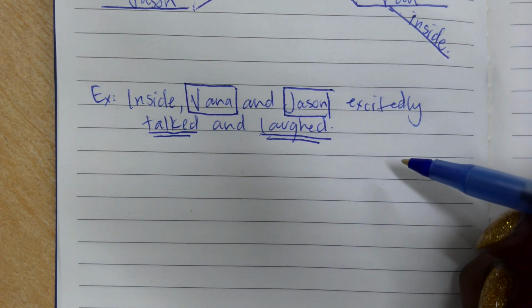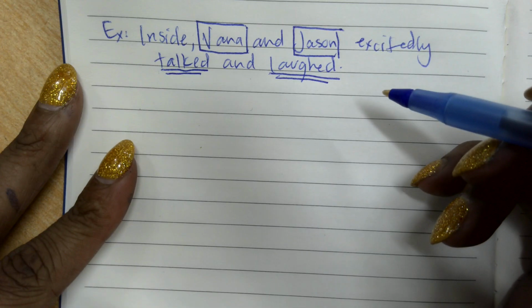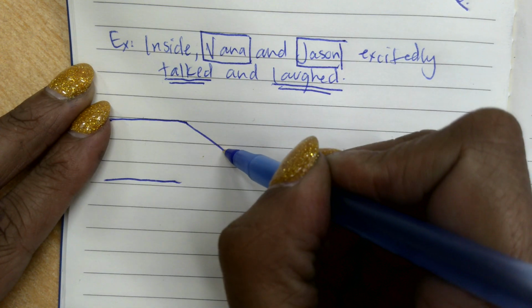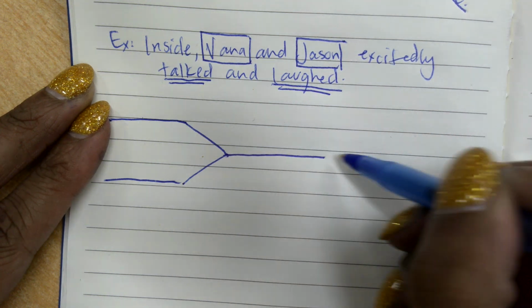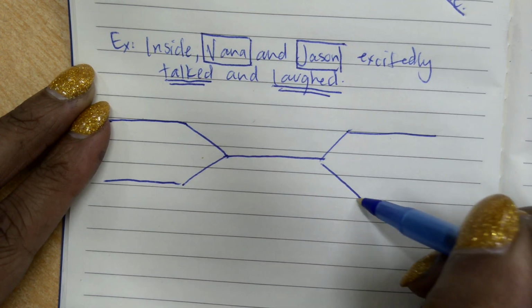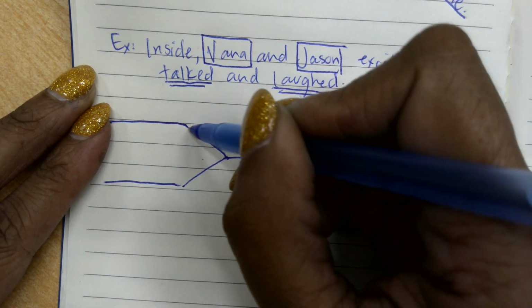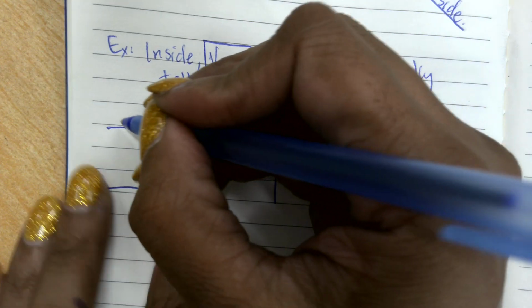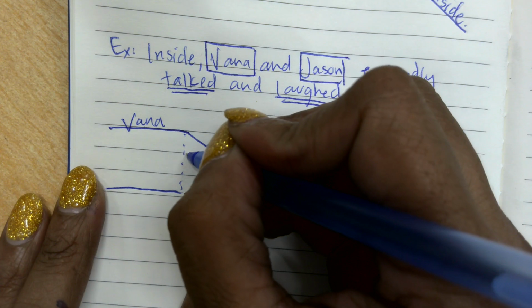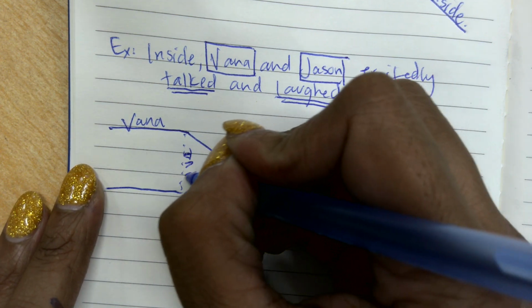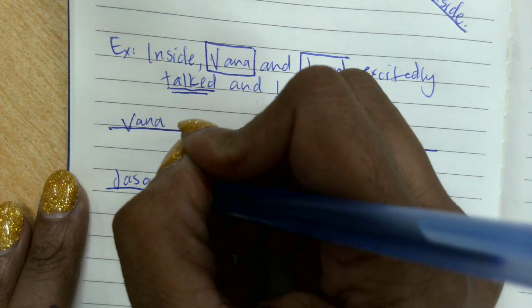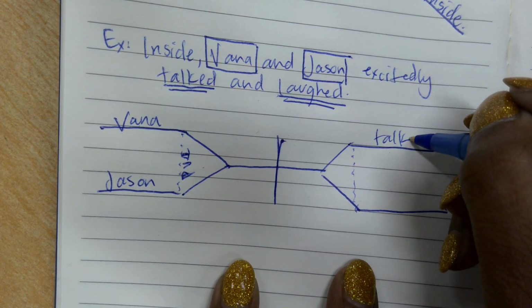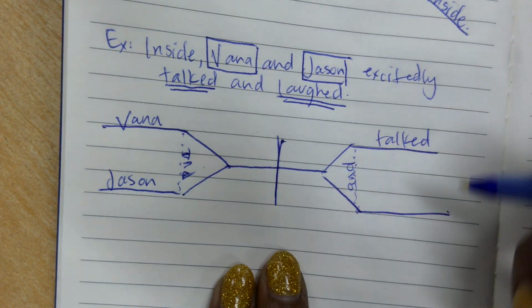So let's go ahead and draw our diagram again. Okay, putting in our subjects is easy. Vana with Jason and the conjunction and. Okay, and similarly our verbs are just as easy. Talked and laughed.